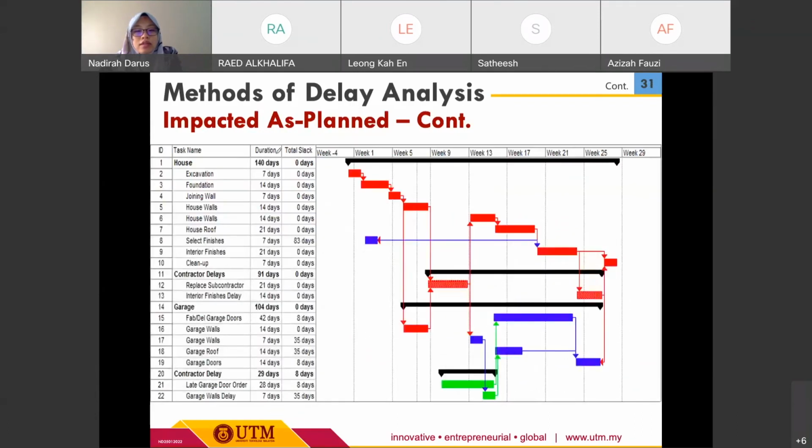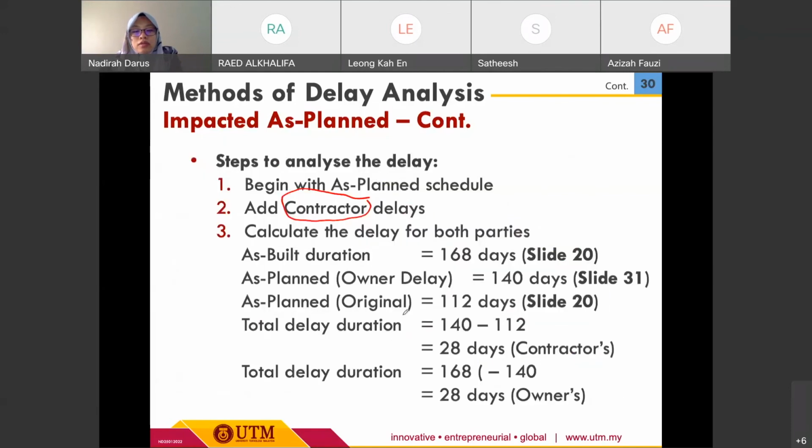Go to the next slide, which is step one. It is a similar calculation or step that we need to conduct. Based on this method, we can see that the total duration for contractors is 28 days, and for owners it is 28 days.